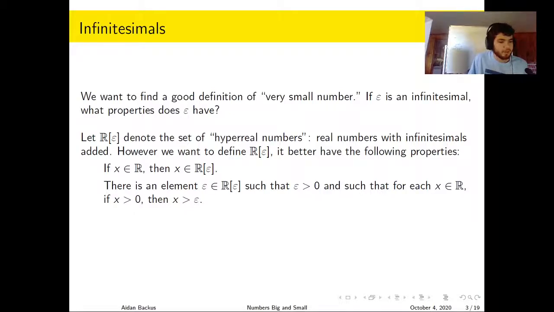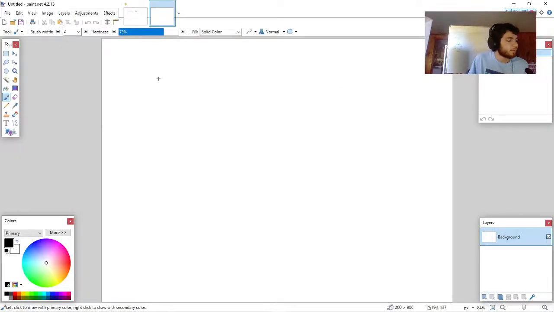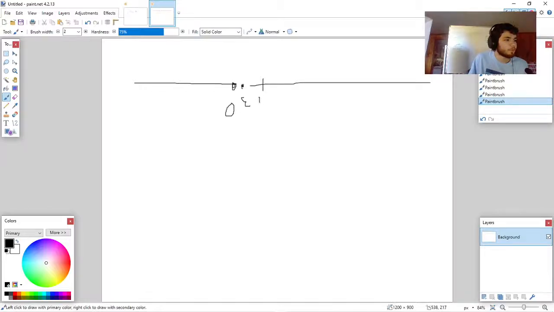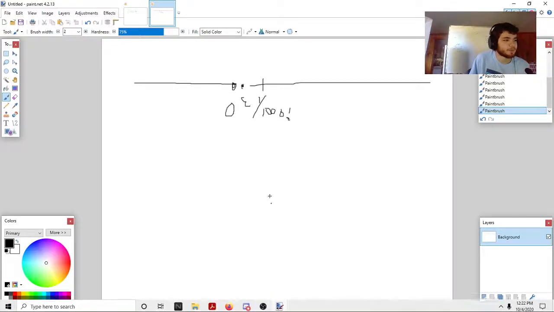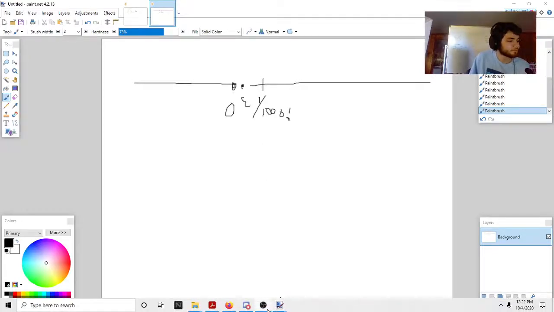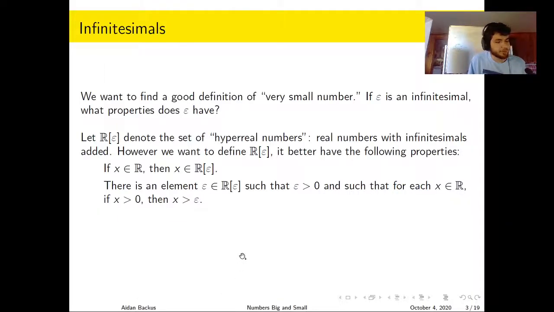If I draw a number line, here's 0, and then we have this epsilon sitting right here, and any positive real numbers are above epsilon. So your favorite positive real number, let's say 1 over 10, 1000 factorial, is still greater than epsilon.